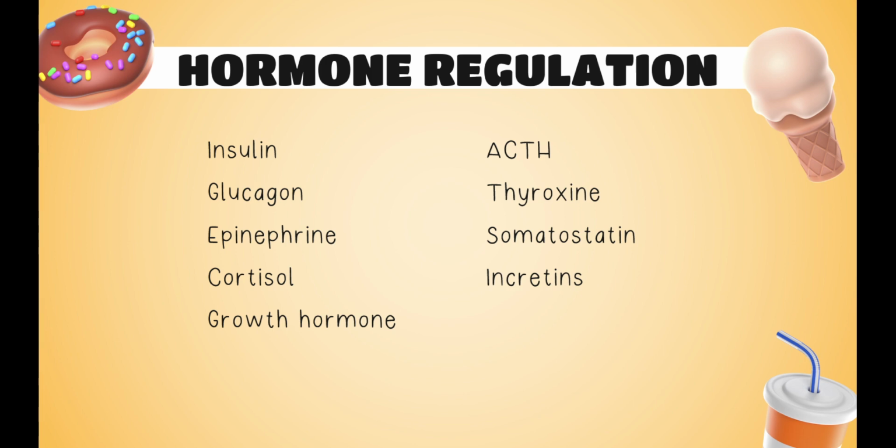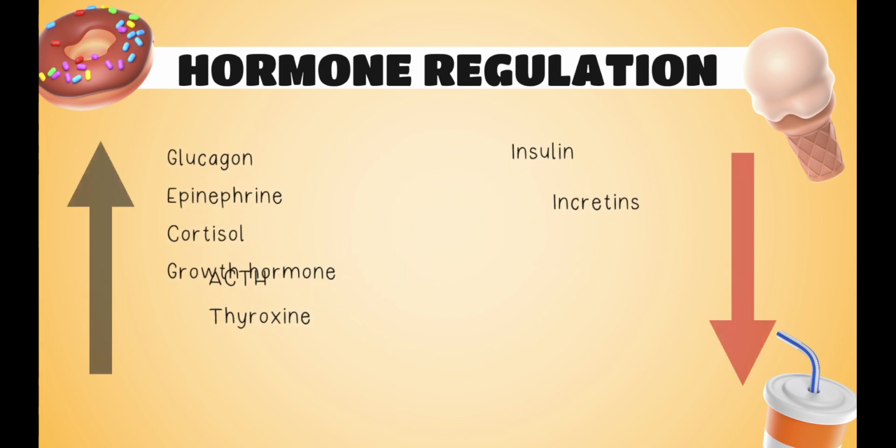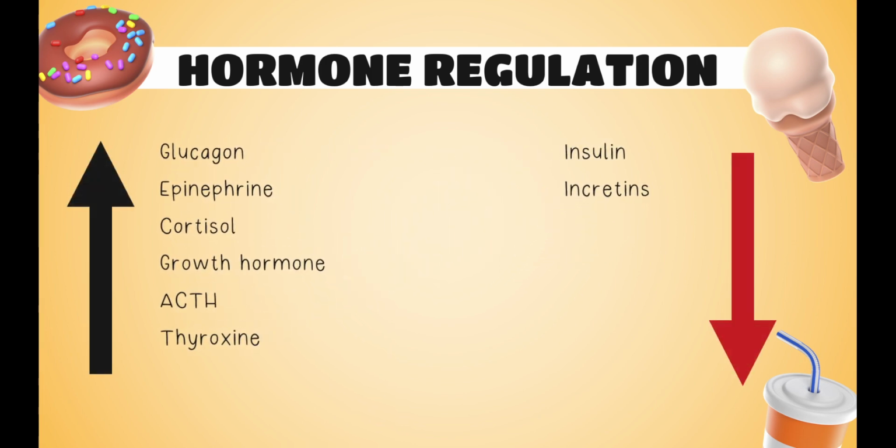And these hormones can actually be grouped according to their action, wherein looking at the levels of your glucose, those hormones involved in increasing our glucose level are the following. So, ito po yung nag-i-increase ng ating glucose level. Yes, marami.